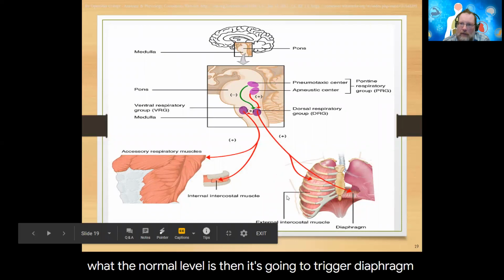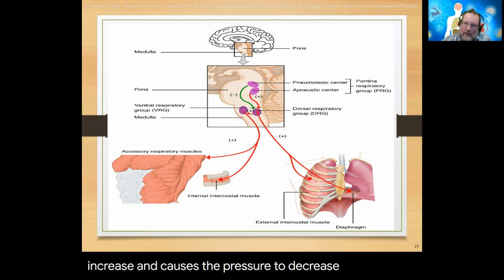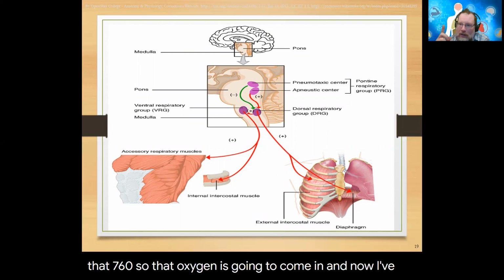the diaphragm to flatten out, breathing then, because remember, as that diaphragm flattens out, it causes the volume of the lungs to increase, and it causes the pressure to decrease, go below that 760. So then oxygen is going to come in, and now I've increased oxygen partial pressure in the blood.